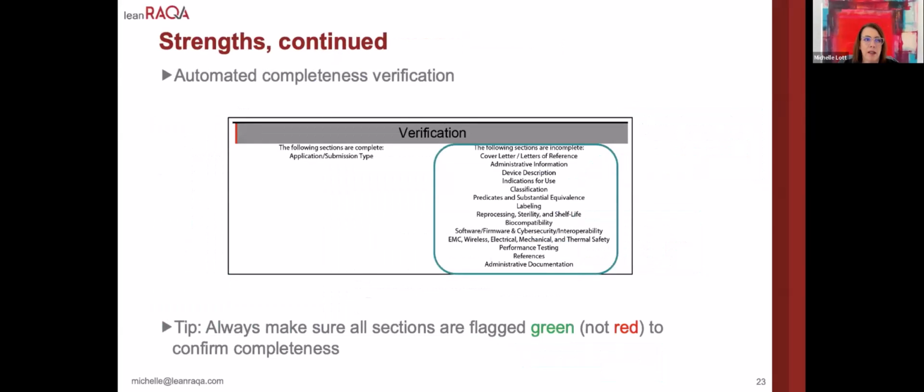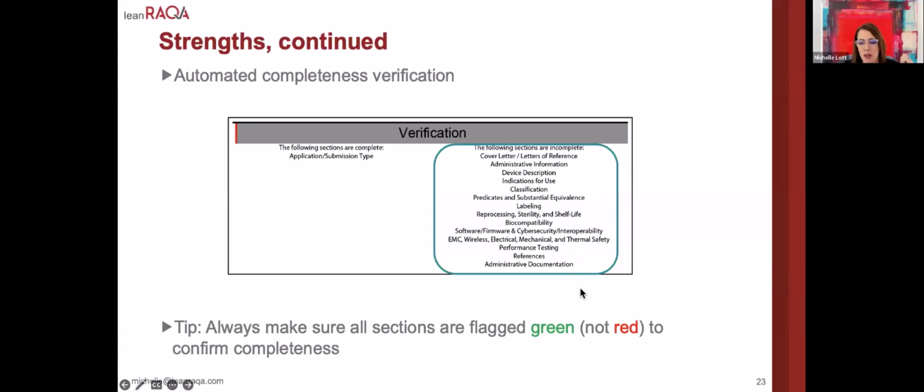So if we look at the strengths continued, we have automated completeness verification. When you start out, based off of the questions that you answered about your product technology, it will have all the sections that you need to populate, and whether they're complete or incomplete.